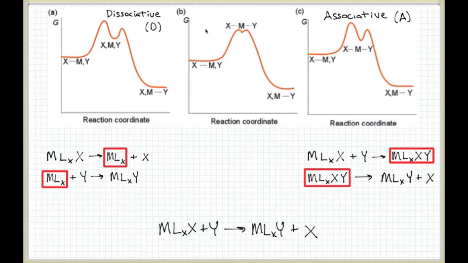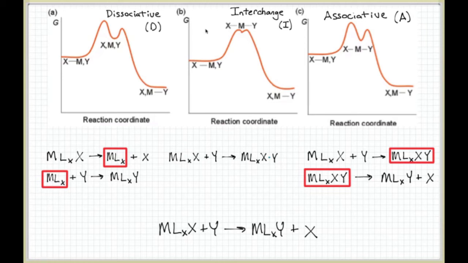In between dissociative and associative type mechanisms is the interchange mechanism, or I. I'm showing in this mechanism MLnX, that complex, plus Y to form a weakly associated complex.